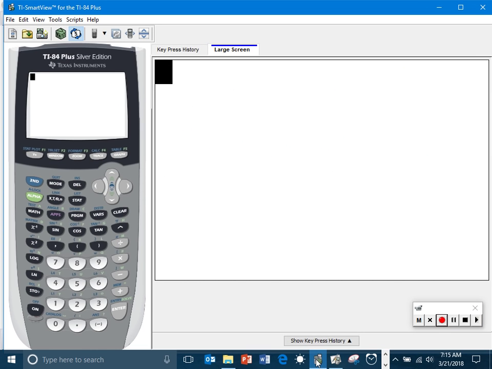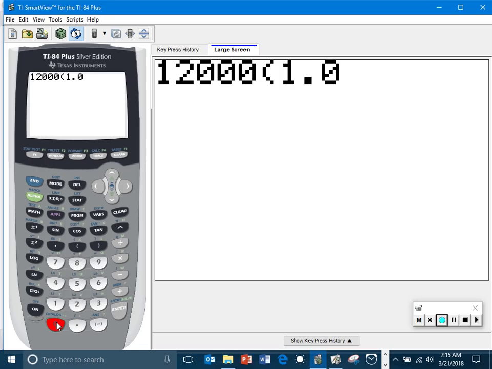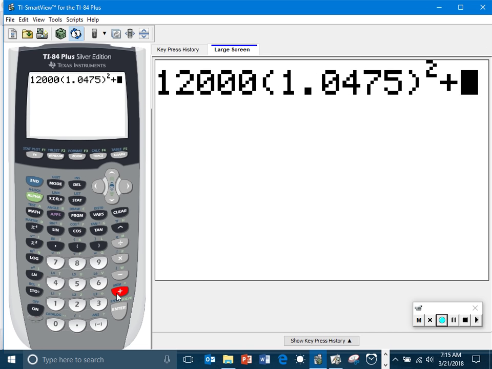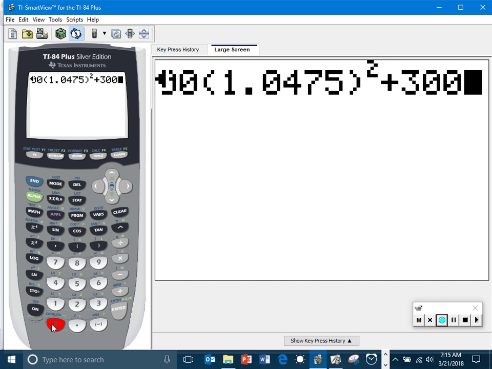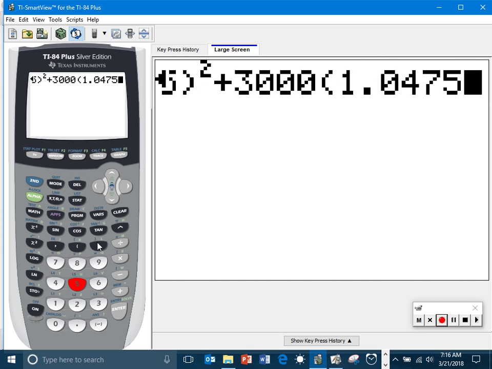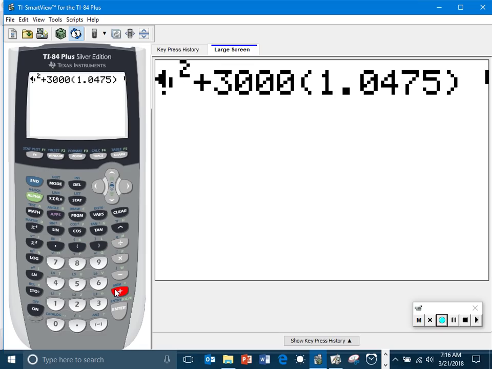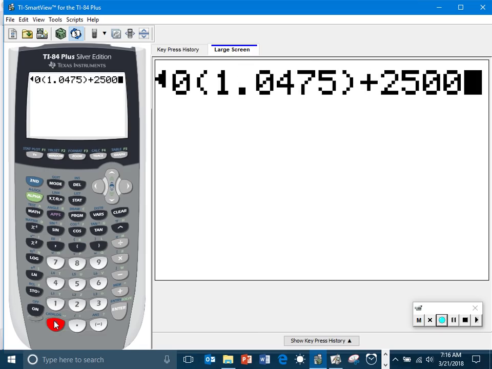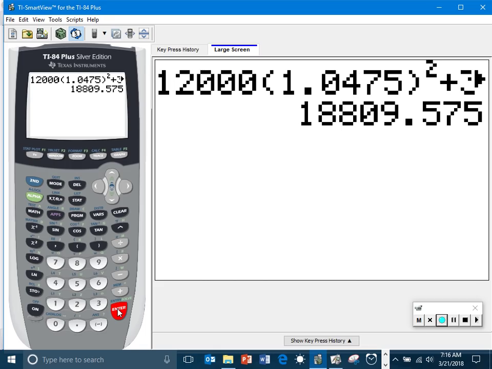All right, so if we take the 12,000, now when I type it in, I'm just going to leave the plus sign off. I don't need to type the plus sign. All right, and we get $18,809.58.